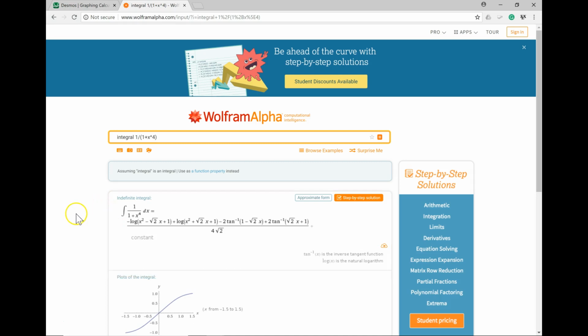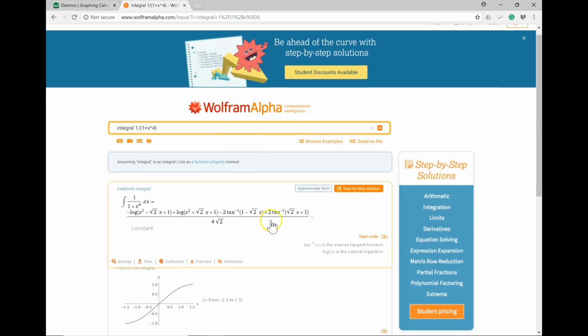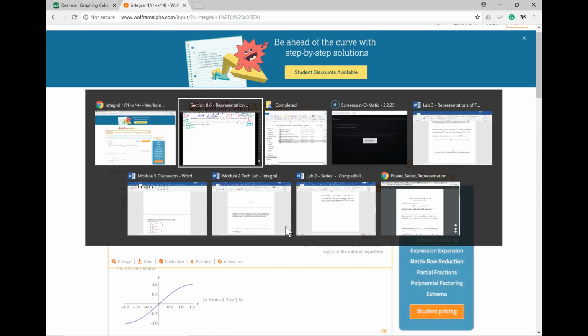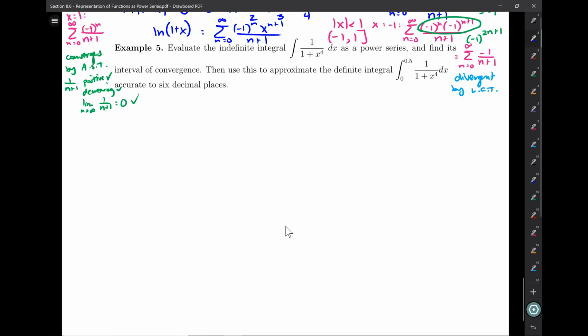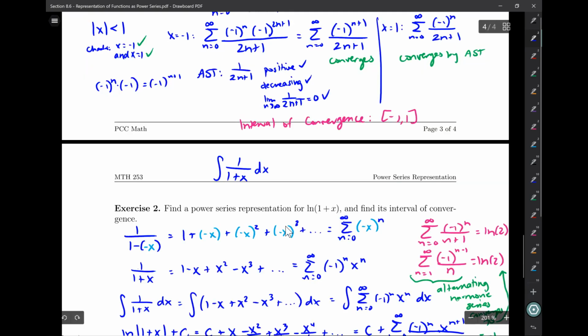I'm not sure why they write it as log, but as you can see, it's quite daunting and I would not want to try to go about finding it. So instead, we're going to try to represent this indefinite integral as a power series, because it's very easy for us to find the antiderivative of polynomials, which is essentially what a power series is. Okay, so let's do that.